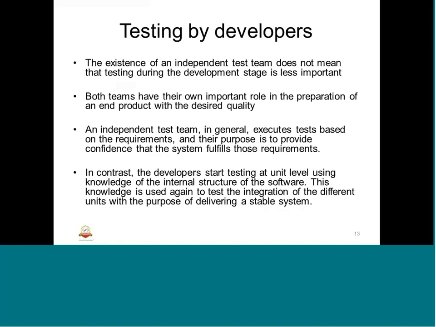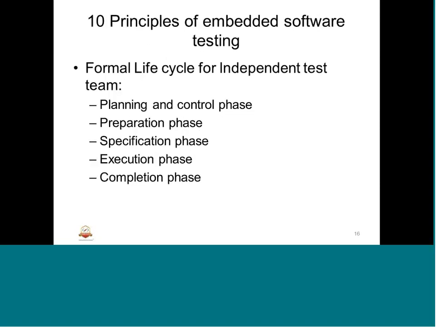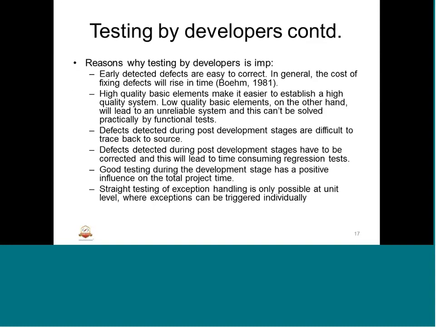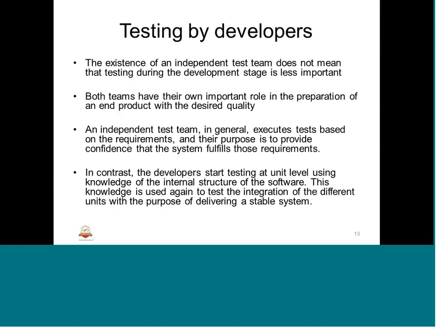So we know that host and target are available for both the test team as well as the development team. Now, taking into consideration how testing can be done by developers and how testing can be done by an independent test team, there are a few principles that we need to go through. We will go through them in the end. Okay, testing by developers.